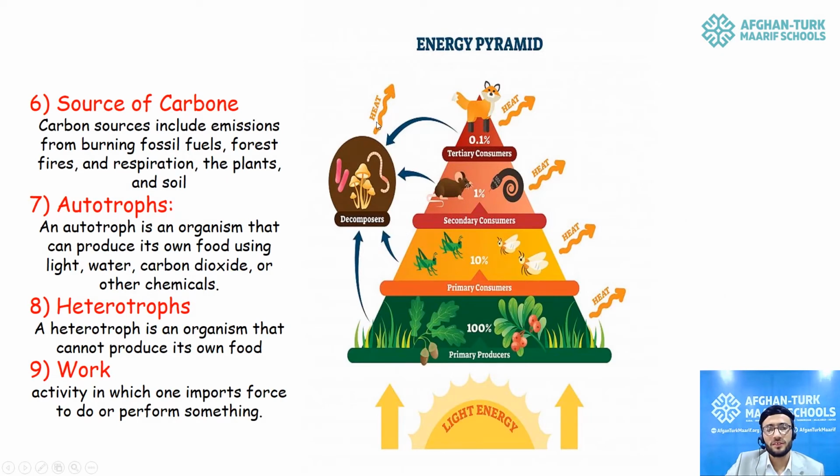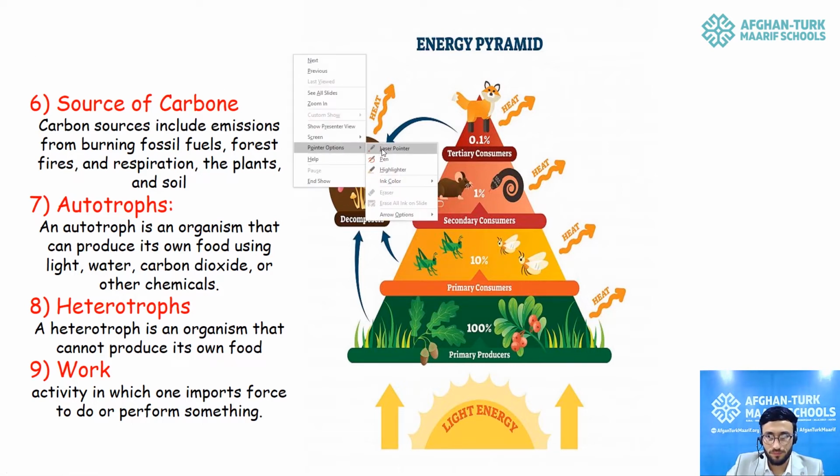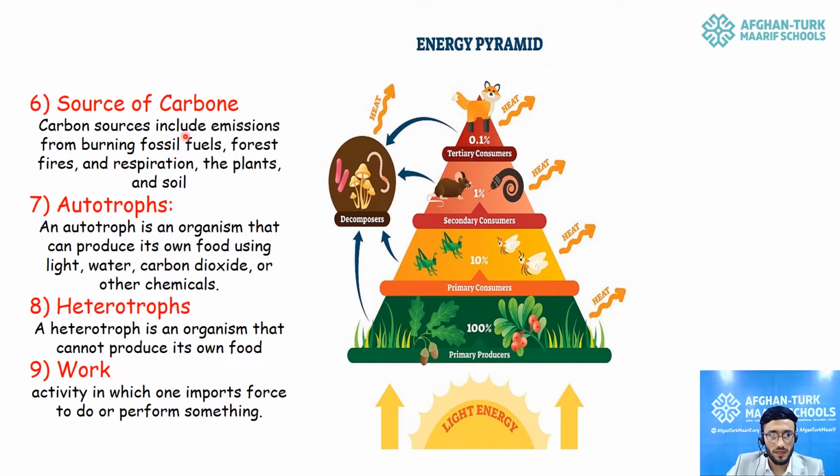Okay, dear students, in this topic we will study energy pyramids. It means the sources of carbon, autotrophs, heterotrophs, and work. Most of the macromolecules that we consume today through our feeding materials are a source of carbon. In a simple definition, carbon sources include emissions from burning fossil fuels, forest fires, and respiration of plants and soil.